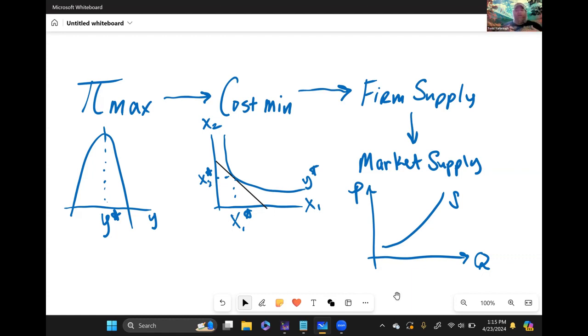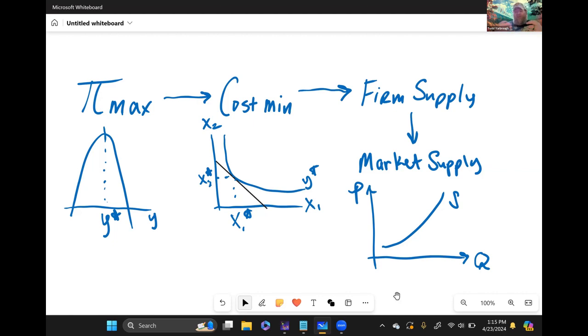When a firm selects a quote unquote optimal number of a particular input, the idea is that that optimal decision is based on the relative productivity of that input relative to its cost.